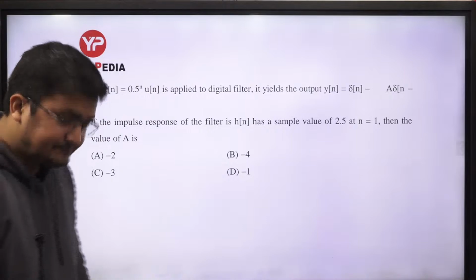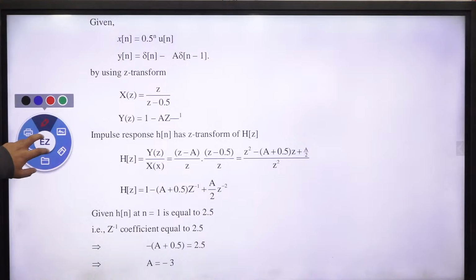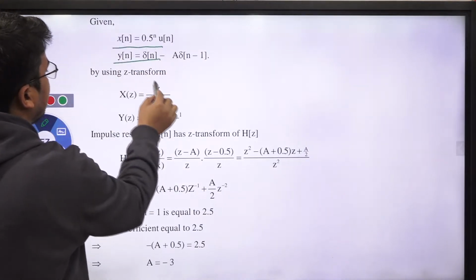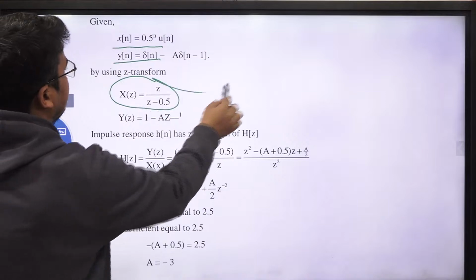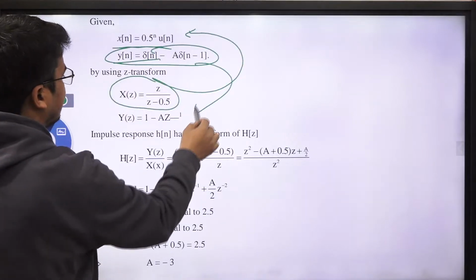Now you can see the solution I've taken here. The same thing I discussed just now, x of n and y of n. Taking the z transform of x of n, this will be transformed to this. Similarly, taking the z transform of y of n, it will be this.